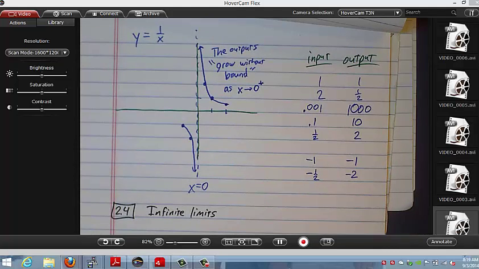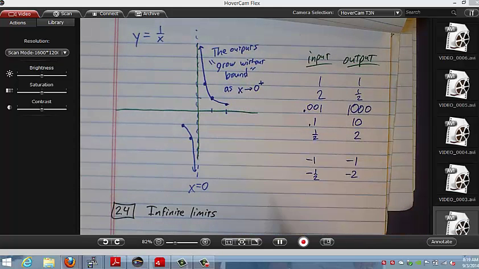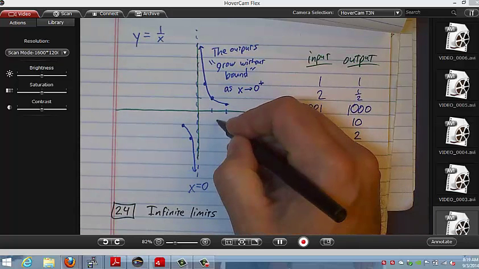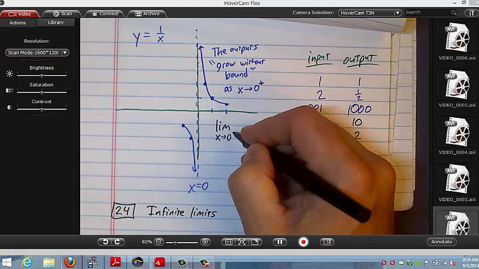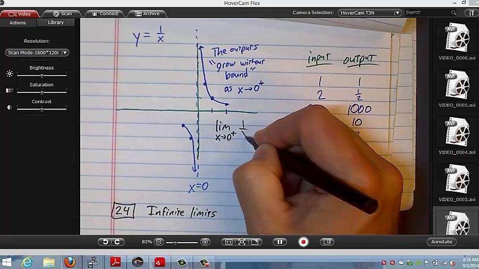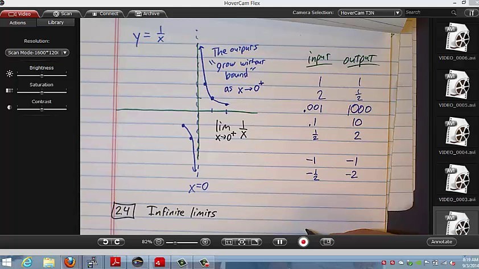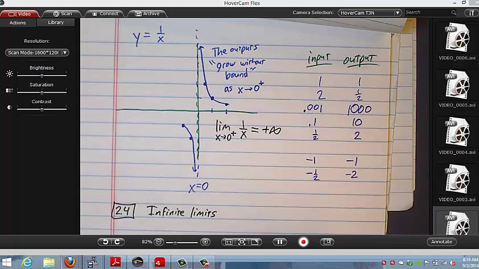But in order to say that the outputs grow without bound, we have new language for that. We're going to say the limit as x approaches 0 from the right-hand side of the function 1 over x, we're going to write that that's positive infinity.